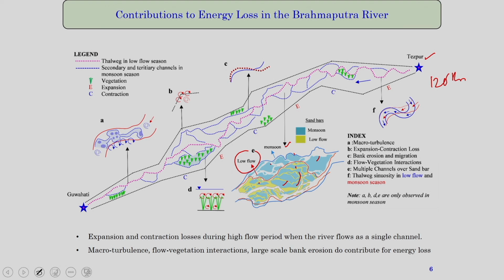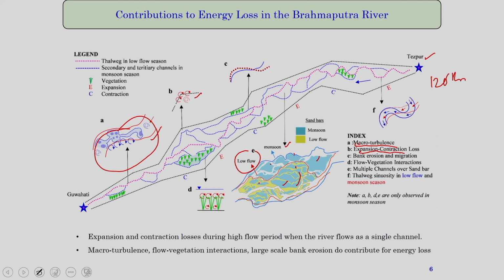Not only that, because of the presence of the macro turbulent structures, which is a major emphasis here, they also generate energy dissipation. Energy dissipation also happens because of macro turbulent structures, and the expansion and contraction losses, as the equivalent river width changes.